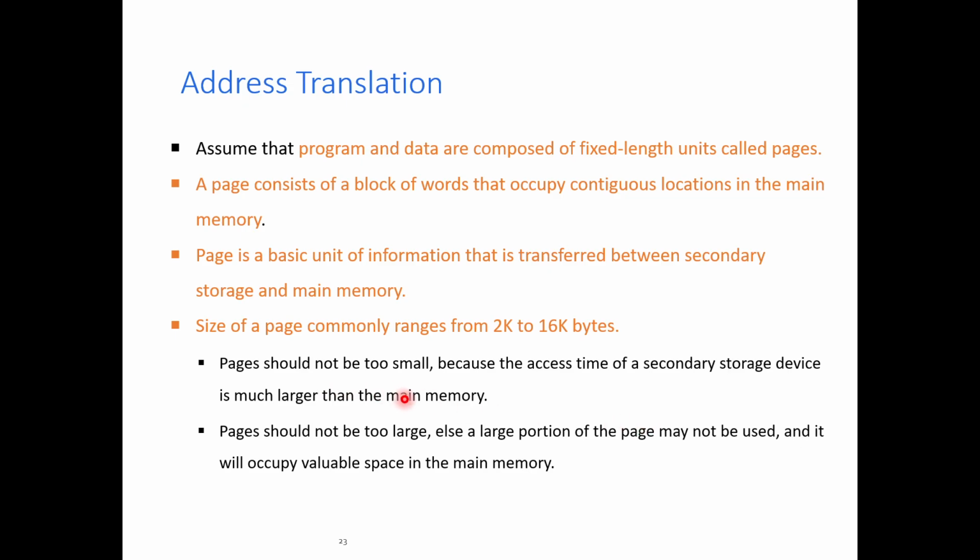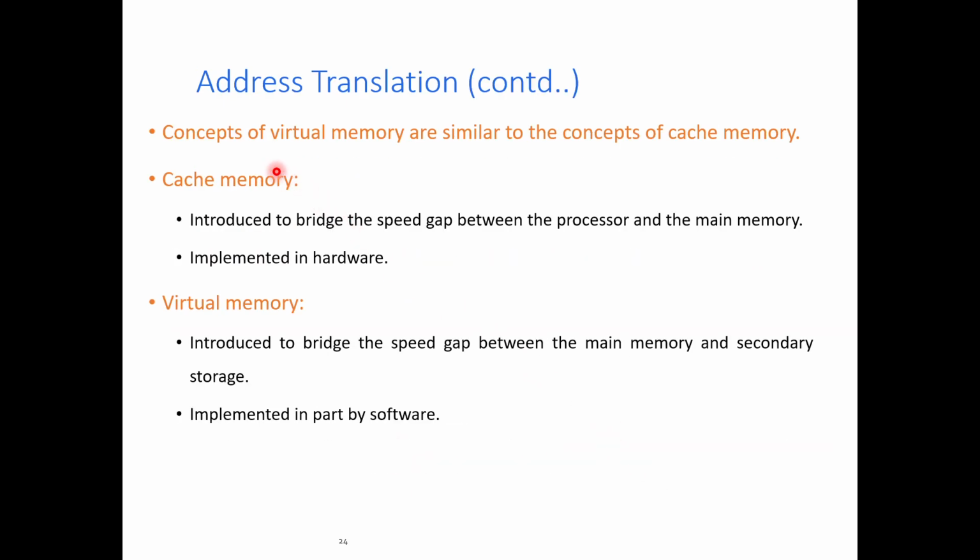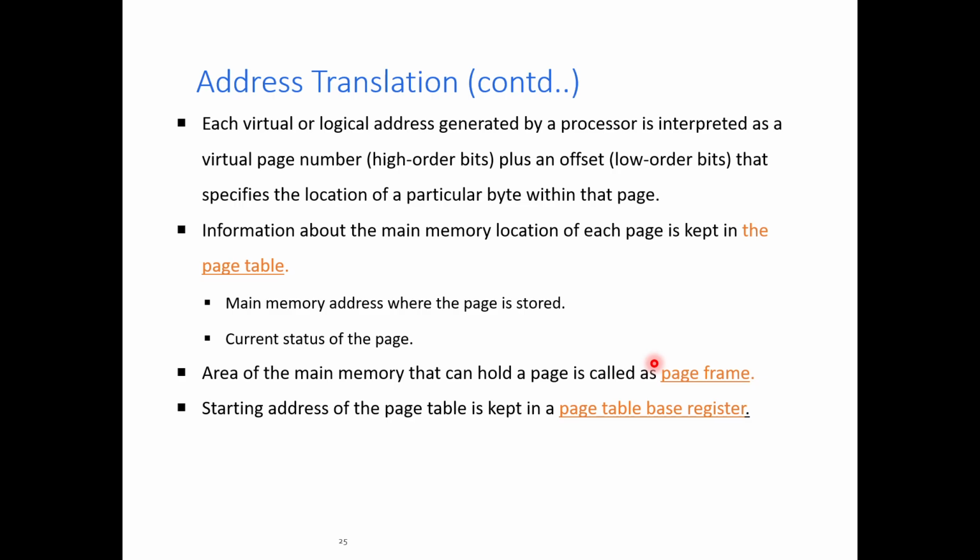Pages should not be too small because that takes more accesses, or too large because they cannot be accommodated easily. The concept of virtual memory is similar to that of cache memory. Cache bridges the gap between the processor and main memory, but virtual memory bridges the gap between main memory and secondary memory.